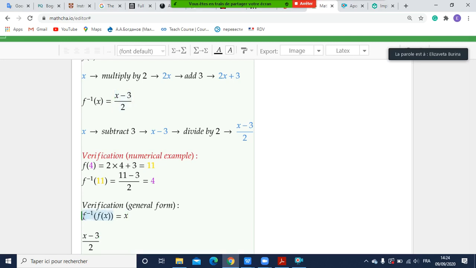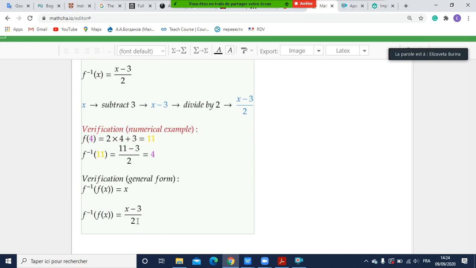And I want this, and this, even the writing seems messy, right? So this is what inverse function does. As you can see, what we're trying to do is take an image of an initial function by an inverse function, but in general form with no numbers.